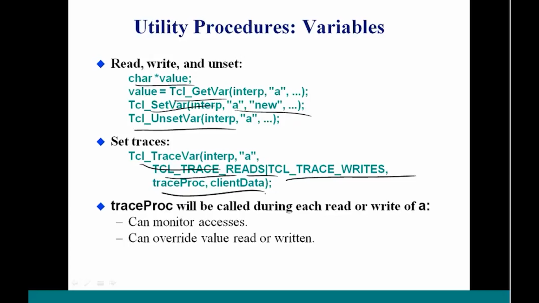And then the trace proc will be called during each read or write of a. So you can monitor the accesses, can override the value, and read the value read or written.